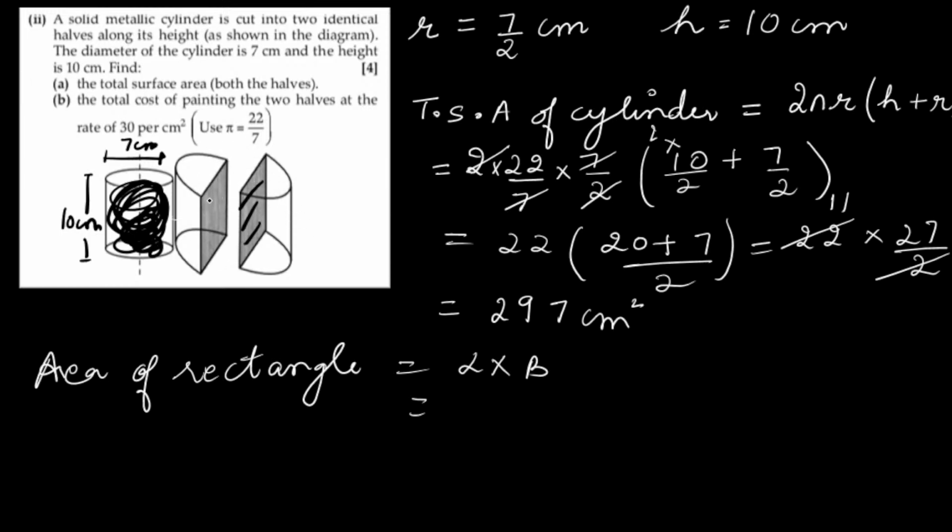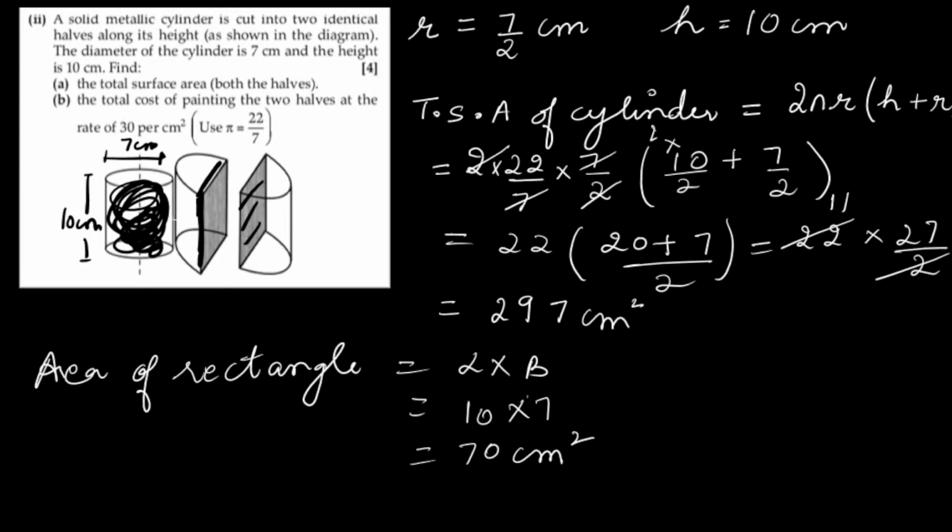This is the width, equal to the diameter of the cylinder, and its length, meaning how long it is, is equal to the height of the cylinder. So directly you can write 7 into 10. Length is 10, width is 7, so 10 into 7 is equal to 70 centimeter square.